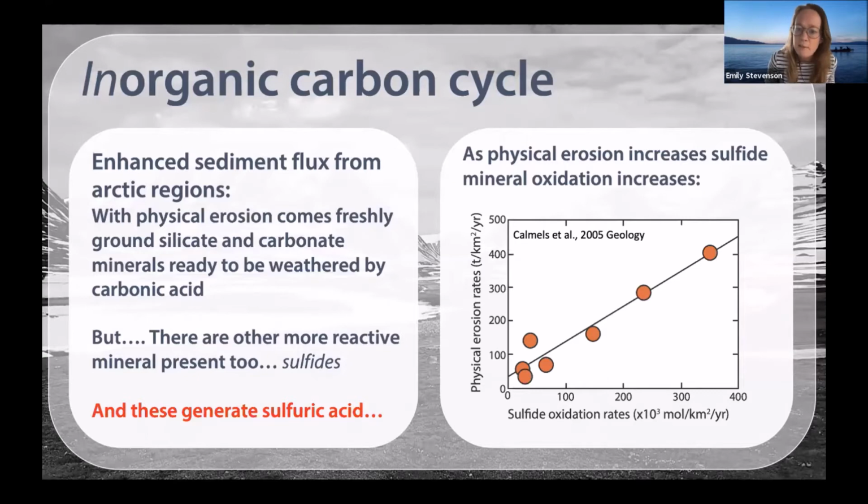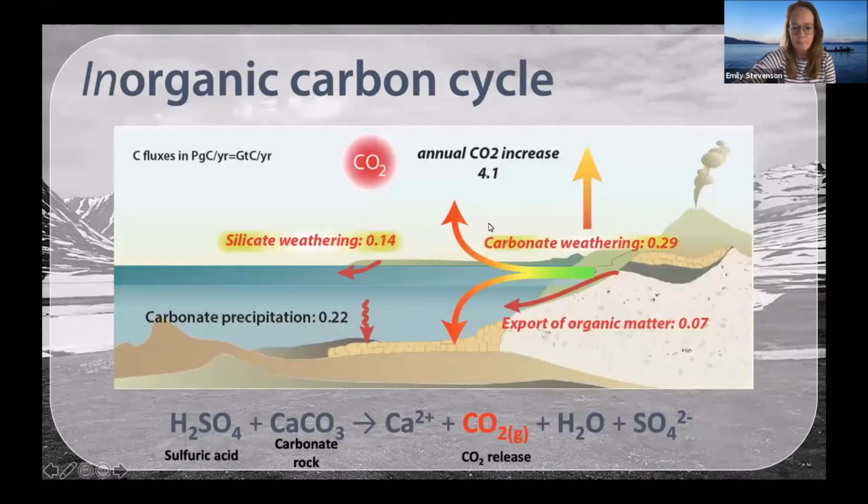Back in 2005, Damien Calmels et al. showed that in a different region on the planet, the rate of sulfide mineral oxidation, which is the reaction that produces sulfuric acid, is directly related to physical erosion rates. And if you have sulfuric acid, it can weather carbonate rocks, which contain carbon.